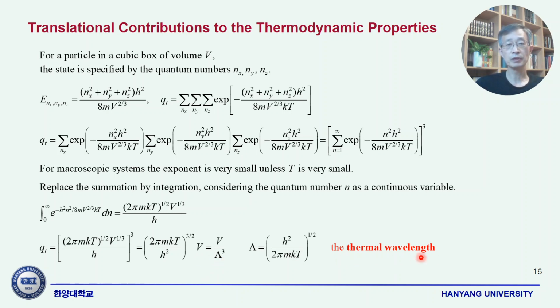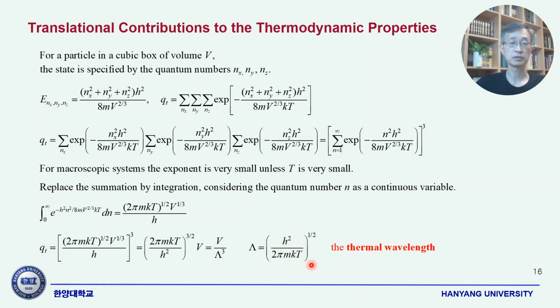Lambda is the thermal wavelength. Depending on the temperature, we can consider the motion of the particle as a wave, and the wavelength of that molecular motion is the thermal wavelength for the temperature. So we define this as lambda cubed. Then lambda is the square root of h squared over 2 pi mkT.